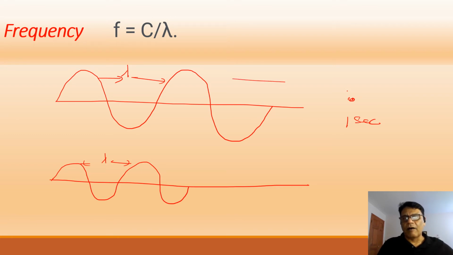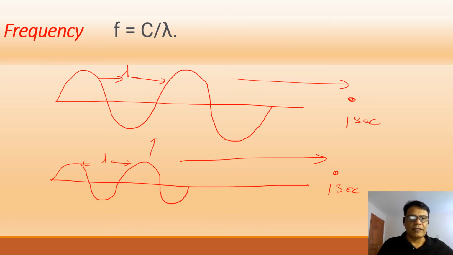It will take longer time to pass this specific point, while this pulse will take lesser time. So this second pulse will have high frequency due to the shorter wavelength, and the first will have lower frequency due to the longer wavelength.